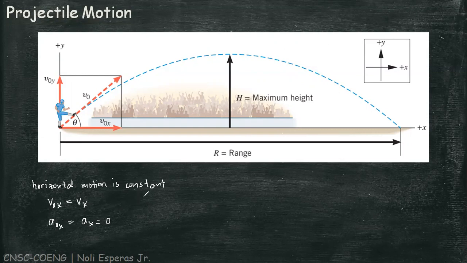In the y direction or vertical direction of the motion, we experience the effect of gravity. So as a result, the y component or the vertical motion is not constant and changing. So again, vertical motion is affected by gravity.